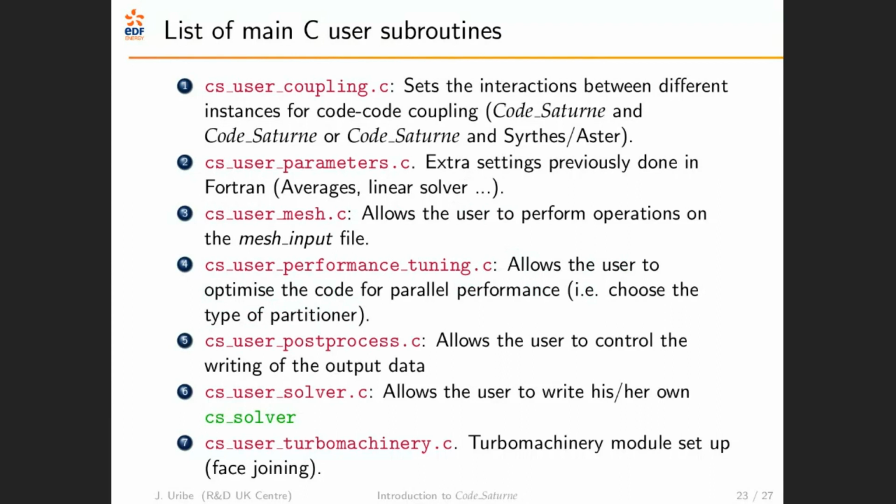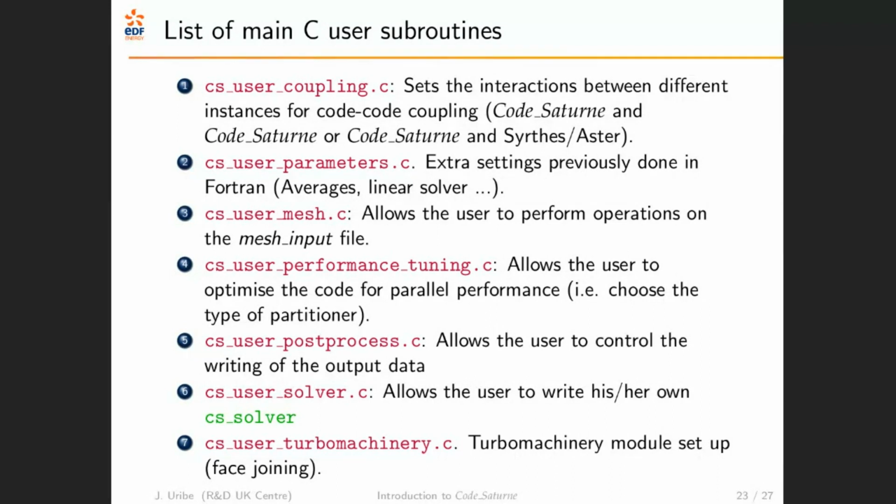So cs_user_coupling covers all the coupling that we do with Code_Saturne and external codes or within itself. Code_Saturne with Code_Saturne is always done through C using a library called PLE. You can use some cs_parameters; you're going to use that in the next tutorial. You'll see that for conjugate heat transfer.